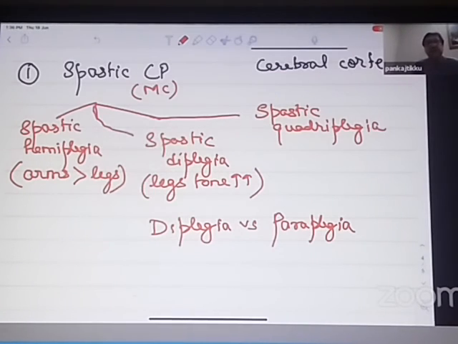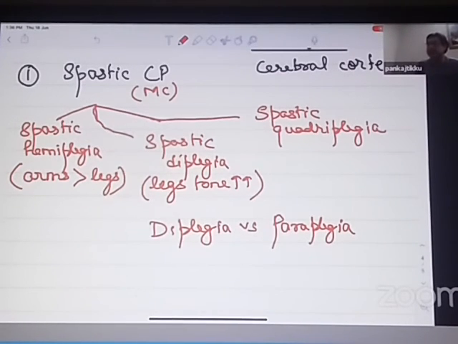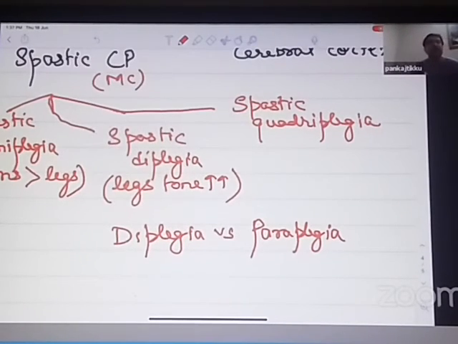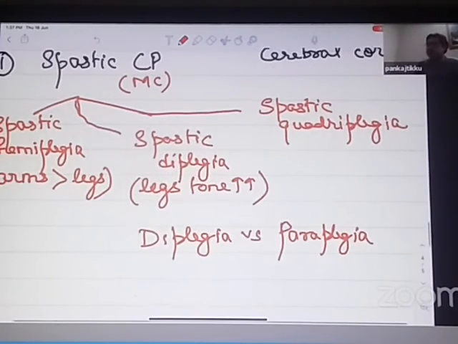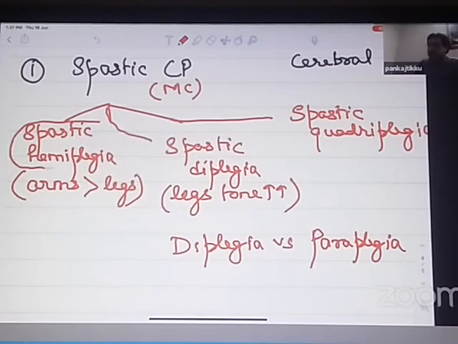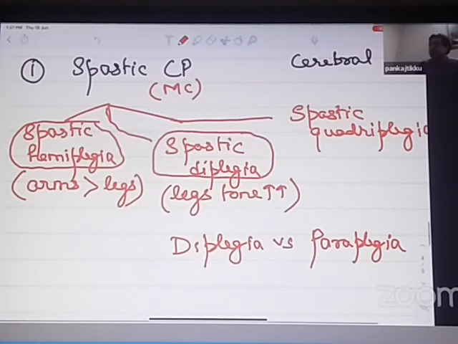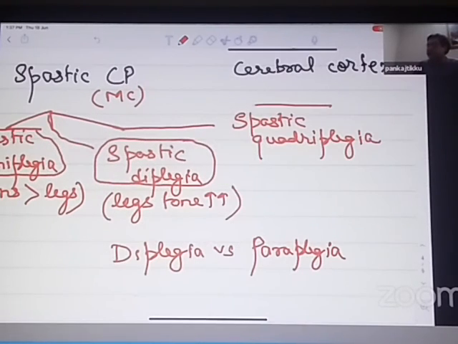This is the type in which all four limbs have increased tone. That means the tone of the arms is also increased and the tone of the legs is also increased. So the first type is spastic hemiplegia, the second type is spastic diplegia, and the third type is spastic quadriplegia.